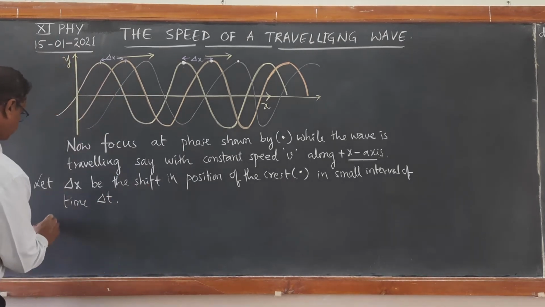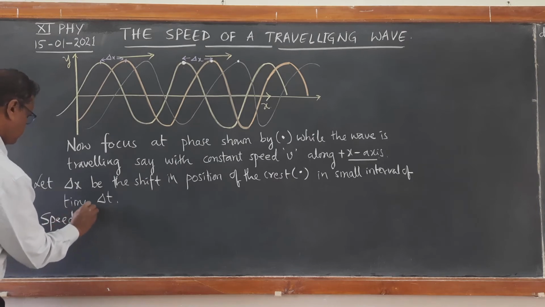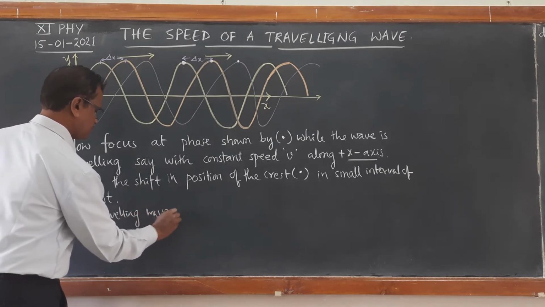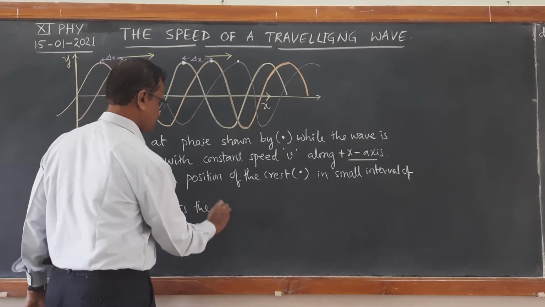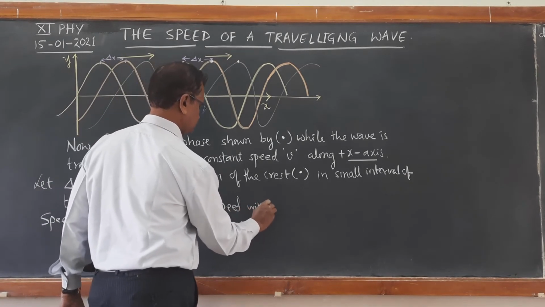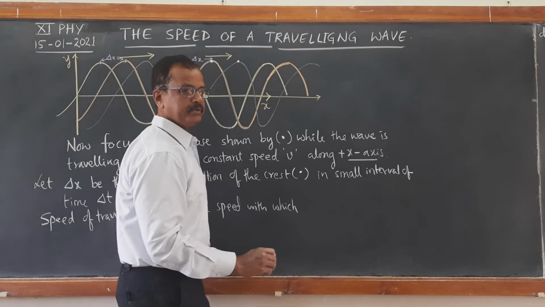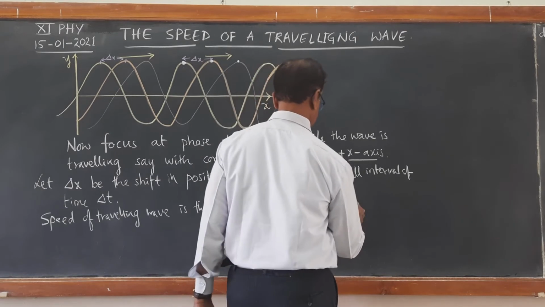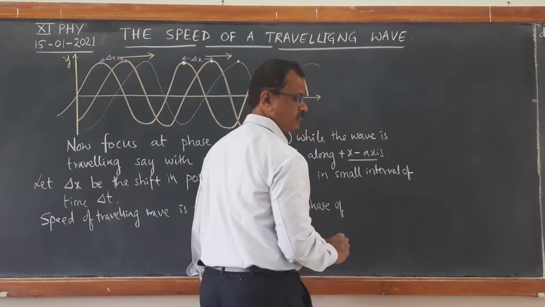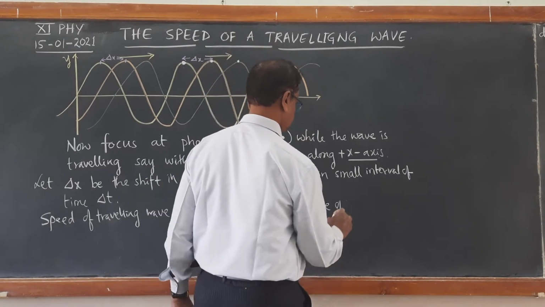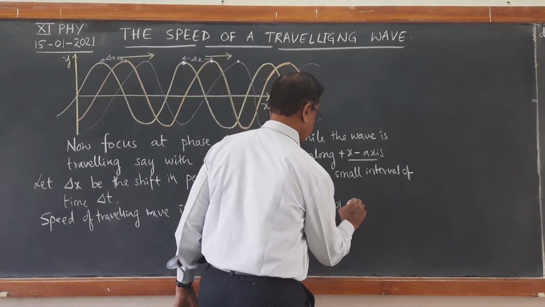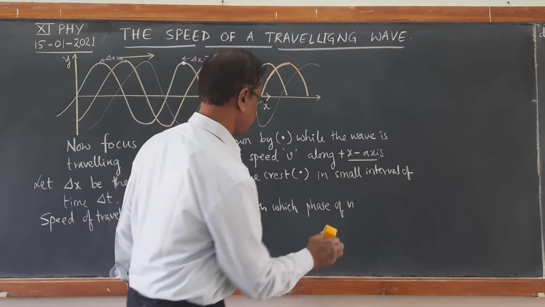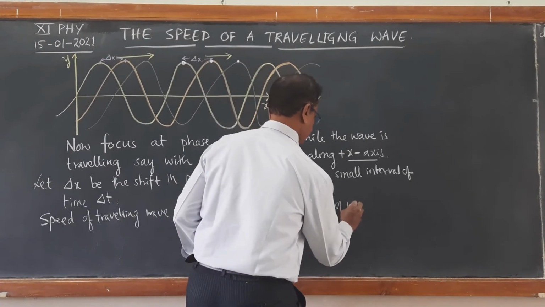So we define the speed of a traveling wave as the speed with which the phase of vibration, the phase of the wave, moves.